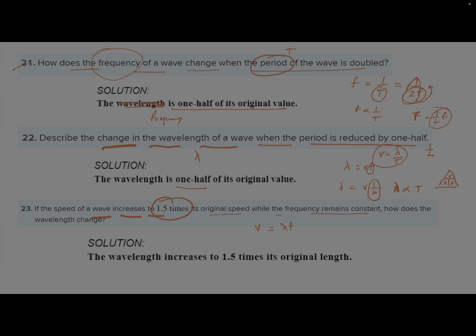So the relation of speed with wavelength, it is a direct relation. Frequency is constant, so v depends on lambda. So the speed will increase 1.5 times, so wavelength will also increase 1.5 times, because they are directly proportional, correct? If there is direct proportion, same relation. If it is inverse proportional, it will become half.